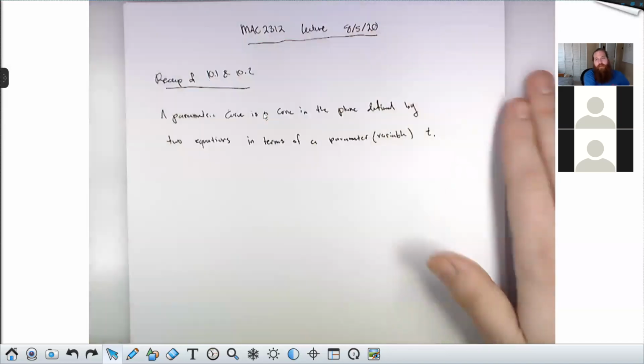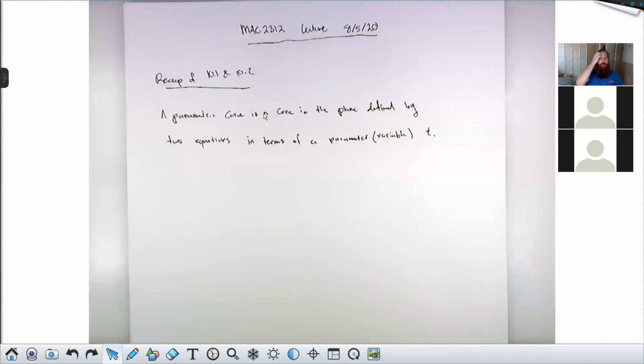And we usually use the symbol t because we're usually thinking about it as time.